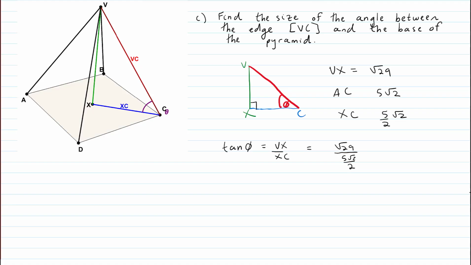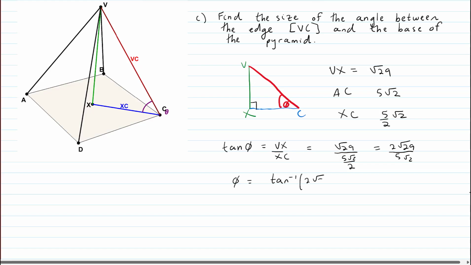And if we want to simplify that a bit, we can get 2 root 29 over 5 root 2. So therefore, theta will equal the inverse tan of 2 root 29 over 5 root 2.